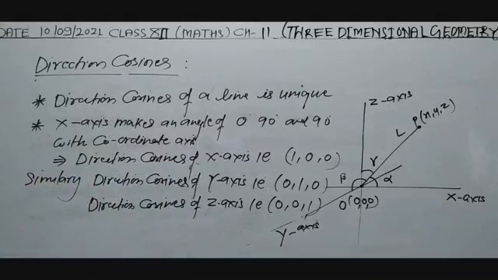This is the direction cosine of axis. Now see, direction cosine topic is totally completed.